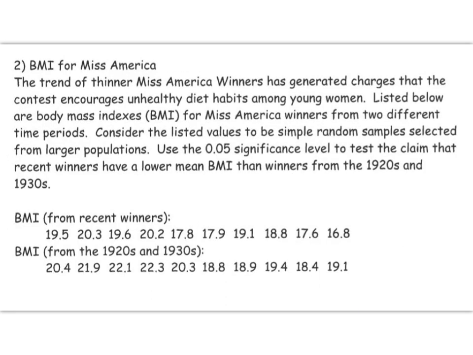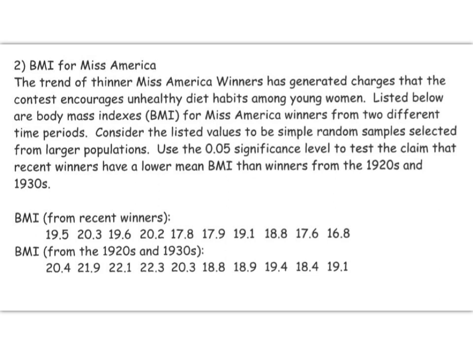All right, let's do one more example, and then we'll call it a day. BMI for Miss America: the trend of thinner Miss America winners has generated charges that the contest encourages unhealthy diet habits among young women. Listed below are body mass indexes for Miss America winners from 2 different time periods.